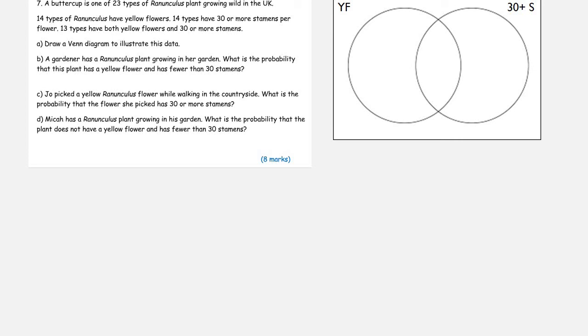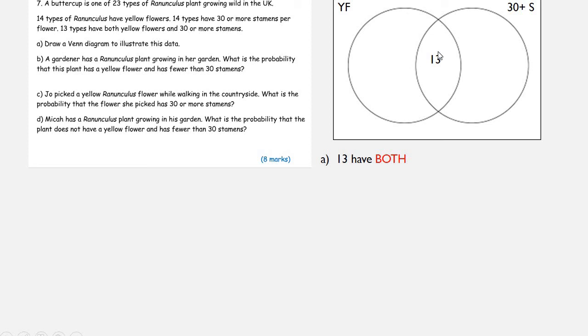So we're going to start with the middle, start with the intersection. We know that 13 have both yellow flowers and 30 or more stamens, so they go in the middle there in the intersection. Okay, this is where a lot of you go wrong. We're now going to put in the yellow flowers. There are 14 with yellow flowers, but we've already got 13 in our yellow flower circle.